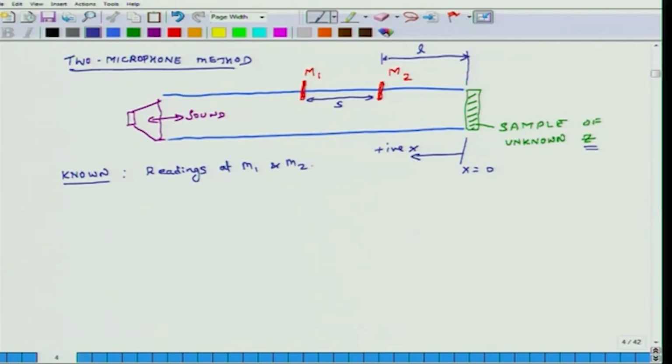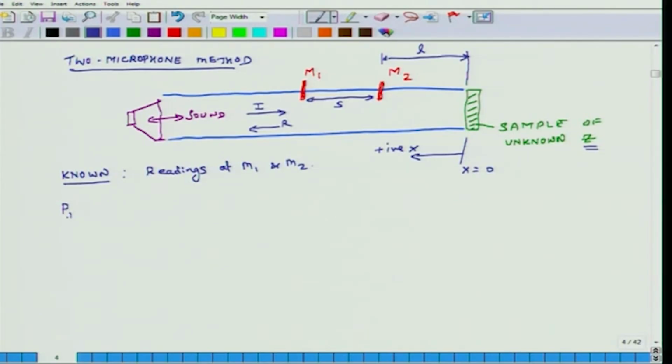I have to figure out a relation in terms of the known parameters so that I can calculate Z. What else? This is my incident direction, which I refer to as I, and this is my reflected direction, which I refer to as R. Sound starts from the speaker, travels along the length of the pipe, hits this sample with unknown Z, and then gets reflected, so the reflected direction is R.